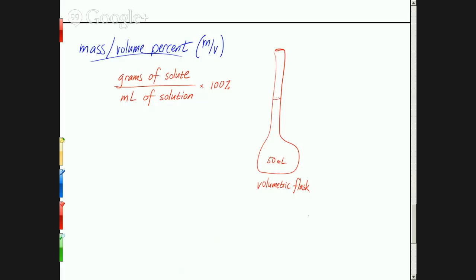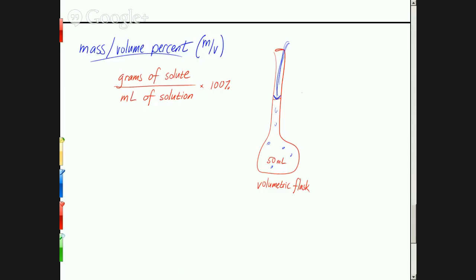So what you do is you put a little bit of liquid in, you dump your solid in. So your solid stuff comes in. Then you take a squirt bottle or something, or a pipette, and you slowly fill up the water until it gets just to that line. Okay.